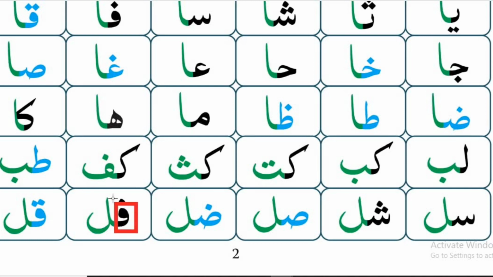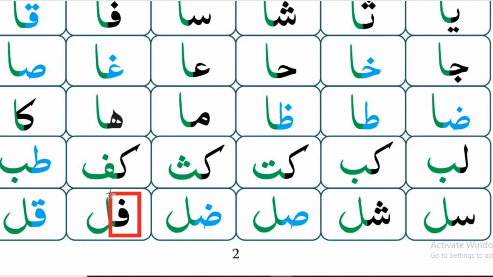So if it's the half shape of fa, then it looks like this, but these are both fas, so it doesn't matter if this circle is filled or is empty. If a circle type of shape has a dot on top, it can only be a fa. And the same letter, the same shape, if it has two dots on top, like here, that is qaf. That will be qaf lam if it has two dots. But with one dot on top, it is fa lam.